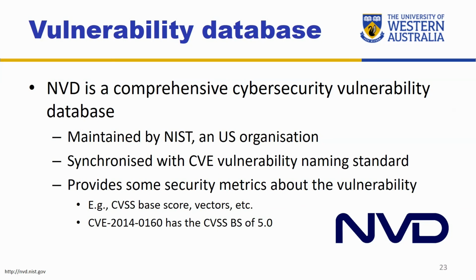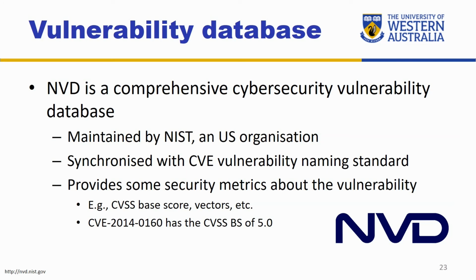The NVD is a government body-kept vulnerability database. It is maintained by NIST, which is a US organization. It's similar to the CVE, and they share some common ground. For example, the NVD database lists the vulnerabilities using the CVE names. At the same time, it also provides some security metrics about the vulnerabilities.